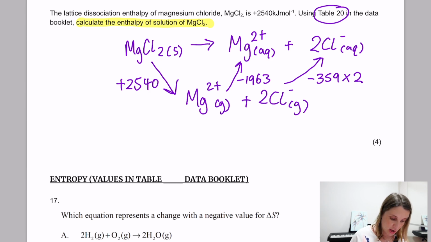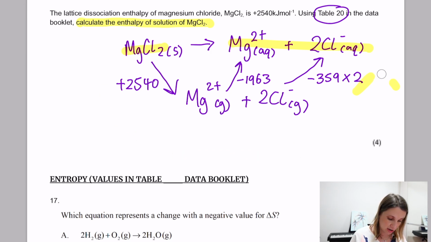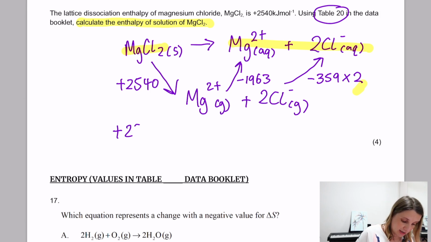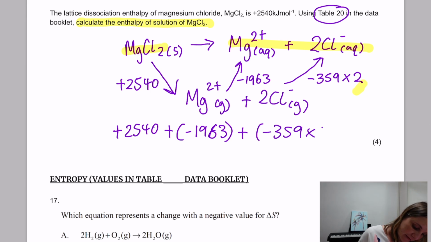magnesium chloride. So if we take these arrows here, we're trying to go from here to here, but we're going to go in this indirect route all the way around. And actually, all of my arrows right now are facing the right direction. So we're just going to add together all of these numbers: my plus 2540 plus minus 1963 plus minus 359 times 2.